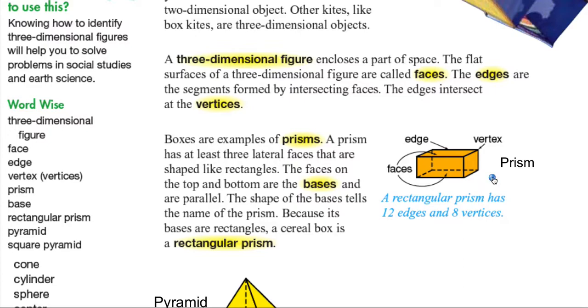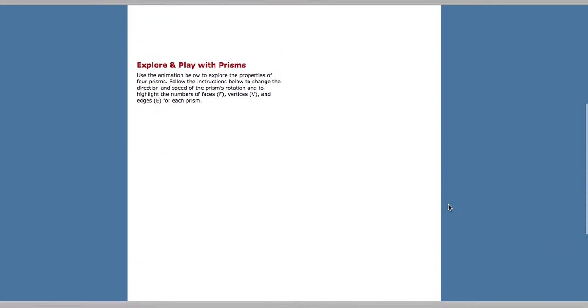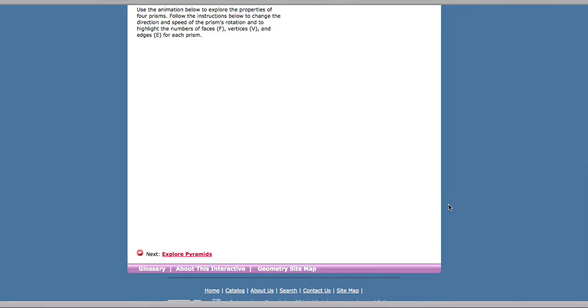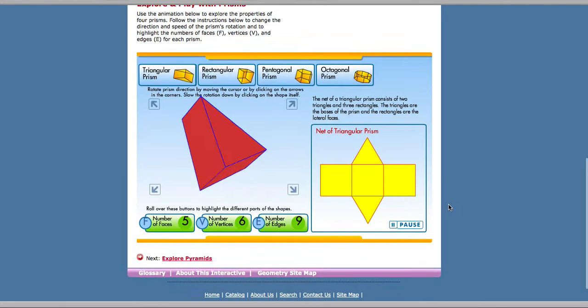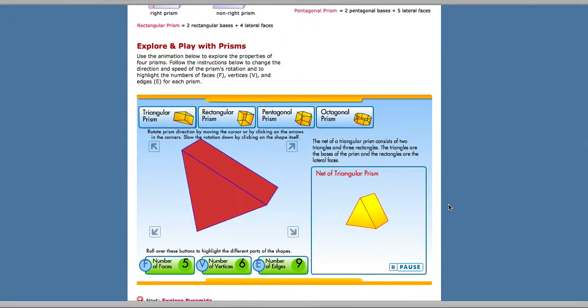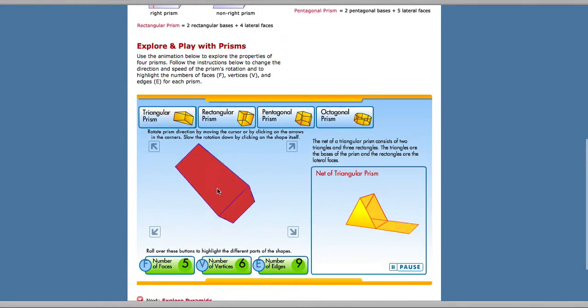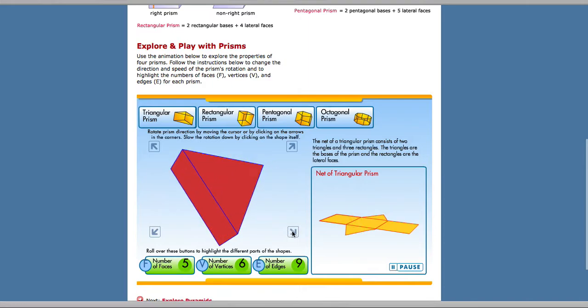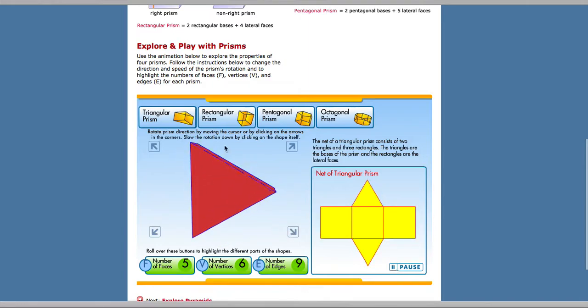And this is a good animation of what a prism is. So, take a look at this one. And it should load up right about now. So this is a good example of a prism. And this is a triangular prism. Why is it a triangular prism? Because the shape of the base is like a triangle.